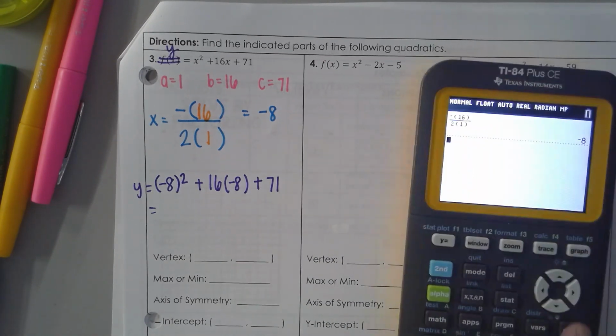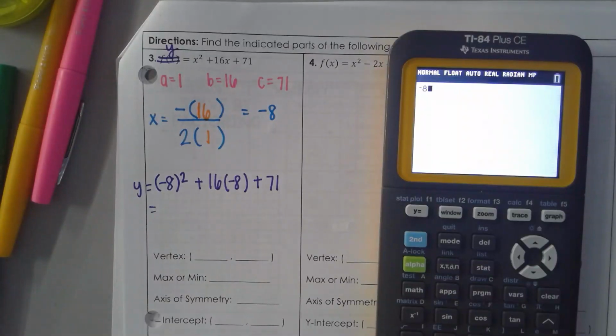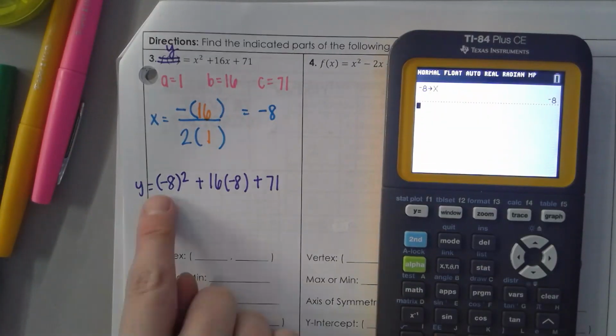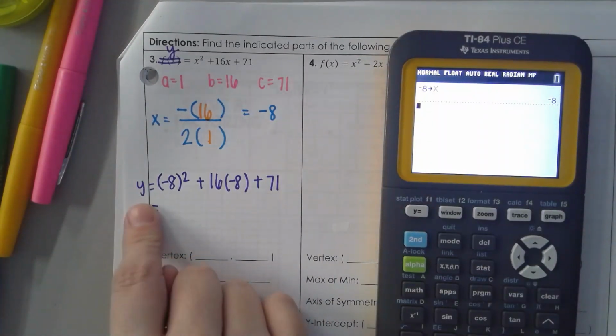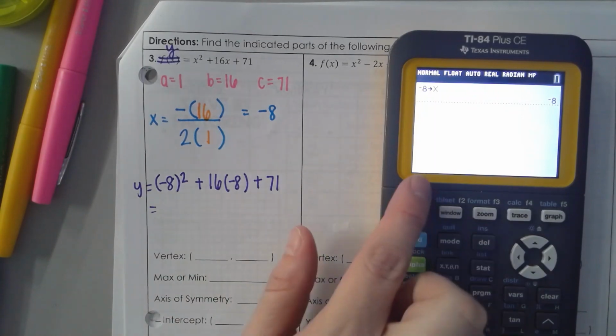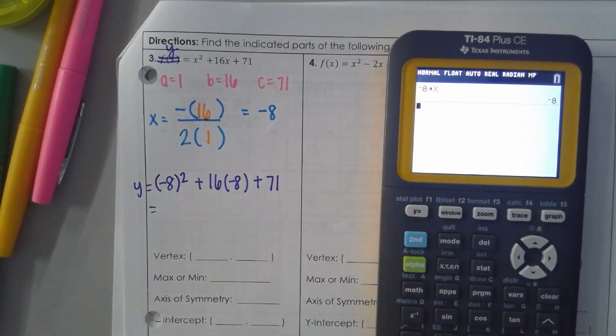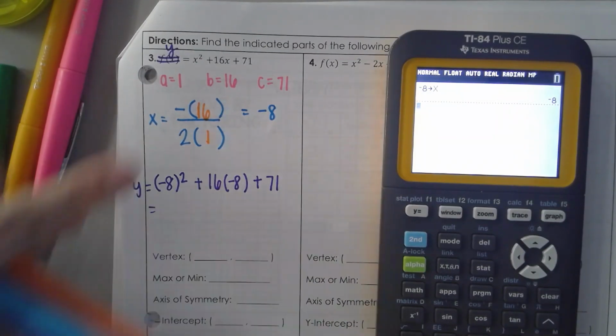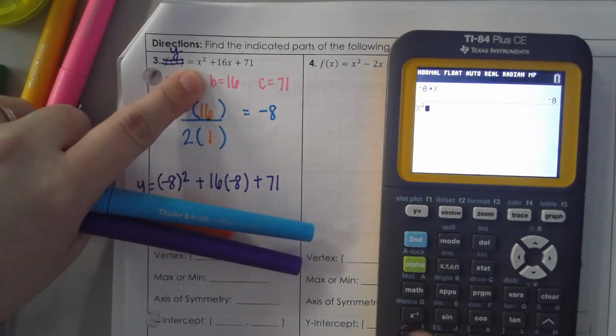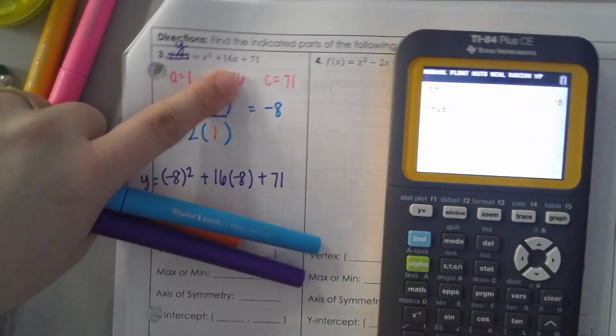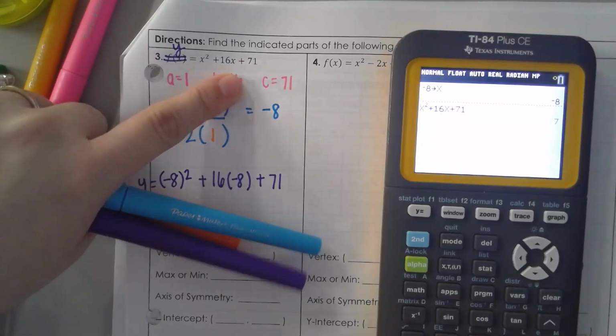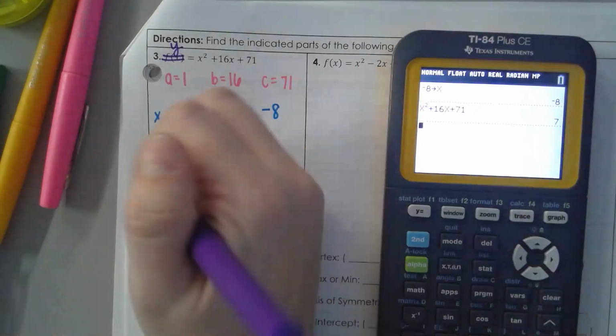So let's see. I'm going to do negative 8, store x. Now, even though I write it out like this, I'm still going to use the store button in the calculator just because you'll avoid some very common mistakes. So x squared plus 16x plus 71 gives us 7.